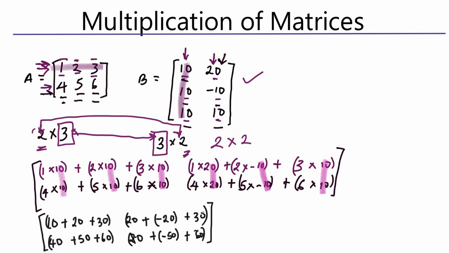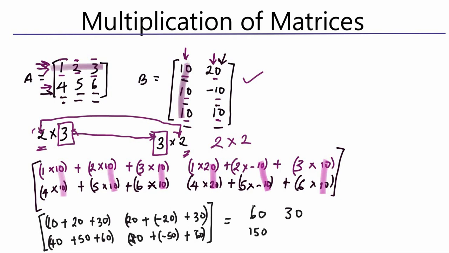Now when we add this together, 10 plus 20 is 30, 30 plus 30 should give you a 60. So we have 60. 20 plus minus 20 is a 0, plus 30 should give you a 30. 40 plus 50 is 90, and 90 plus 60 should give you 150.